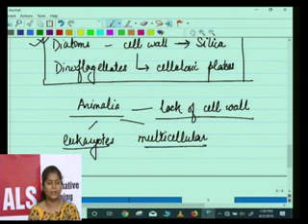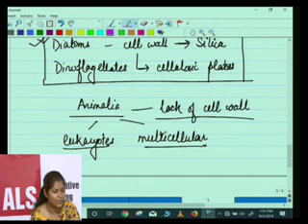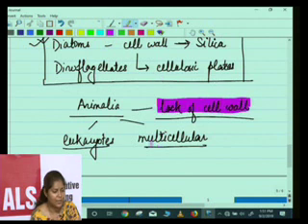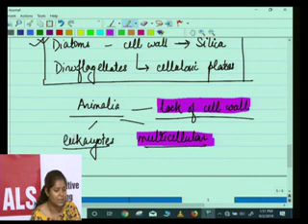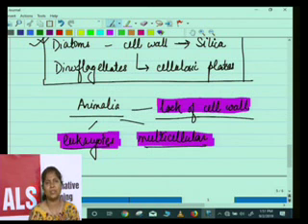So animals are eukaryotes, animals are multicellular, animals don't have a cell wall. With these properties we ought to learn about the basic differences. Always keep in mind that the basics should be clear. Why we are doing a particular classification should be clear to you always. Why is this thing made like this? They have saprophytic conditions of nutrition, but why have we put it under Protista?